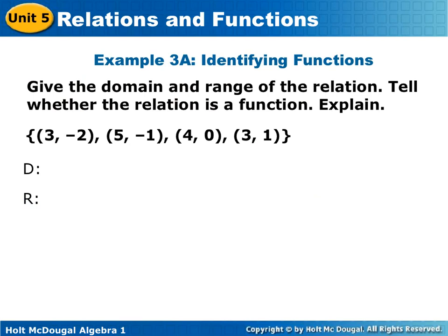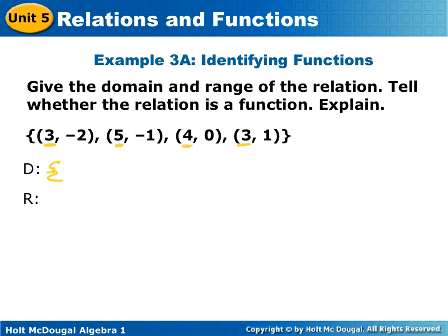Okay? So right here, it says give the domain and range of the relation and tell whether it is a function or not. So step number 1 is to go through and list out our domain. Well, our domain is going to be all of the x values. Now, here's the thing that should be a red flag to you when you go to list these. You have the same x number show up twice.